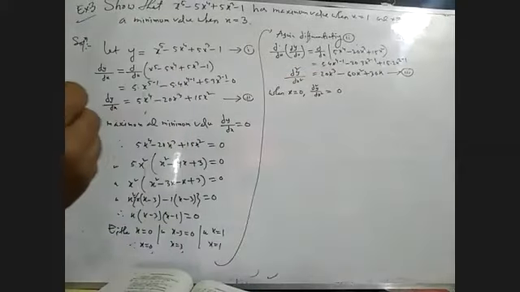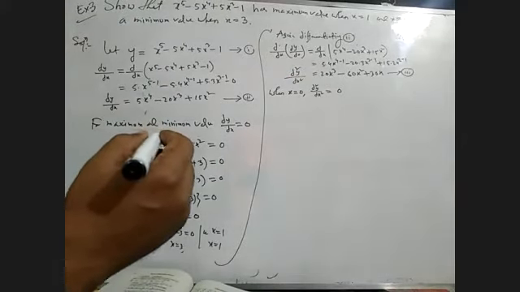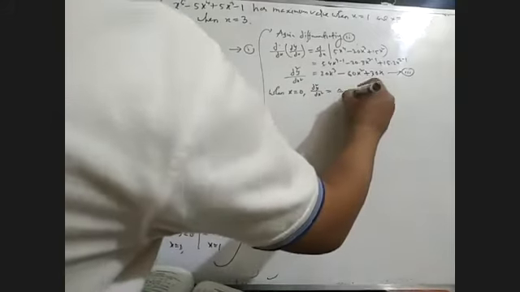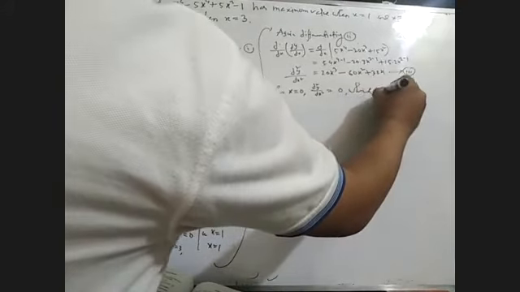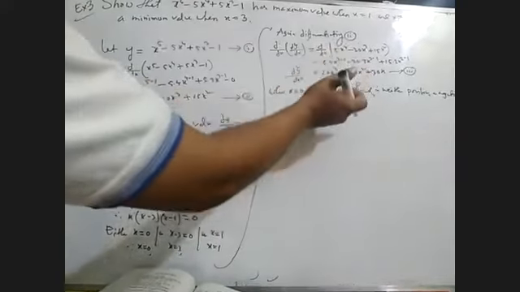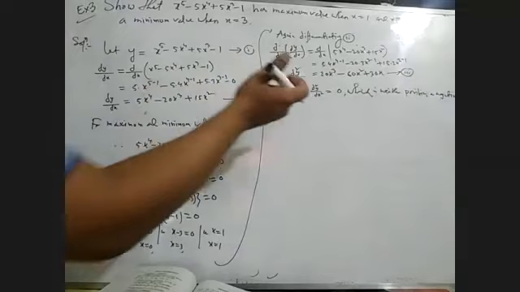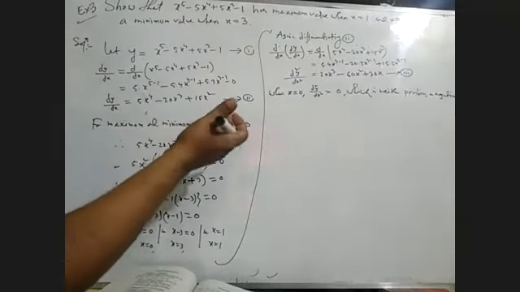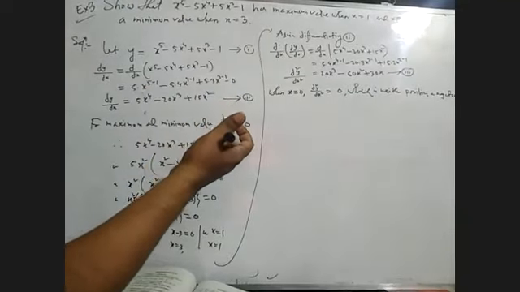Okay, which is neither positive nor negative. That means at this point the function can have neither maximum nor minimum values.